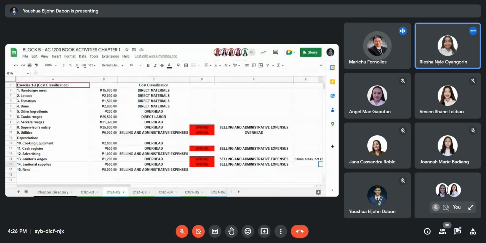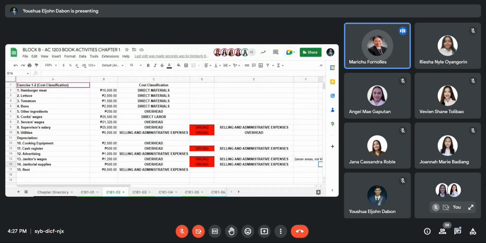Pero there are some companies also, class, kung usaray tag-iya sa building nga girentahan, no? They would rather, the owner would rather charge it only once under general and admin expenses.